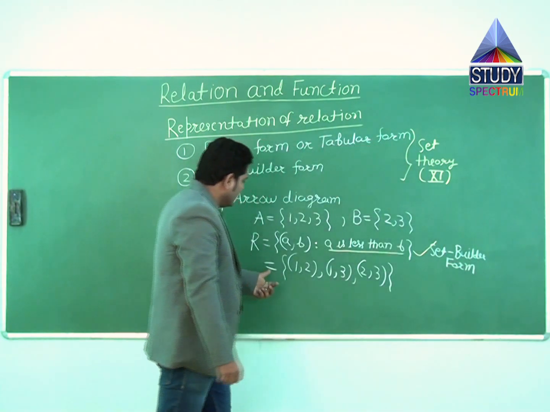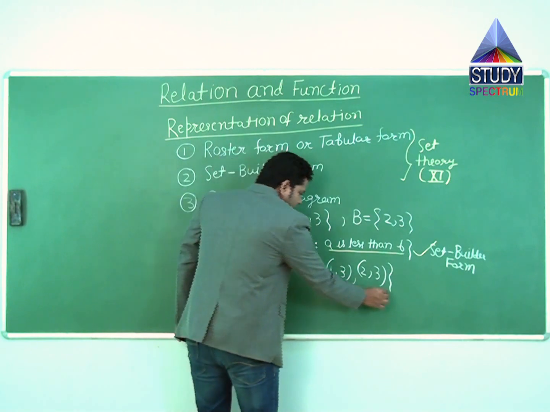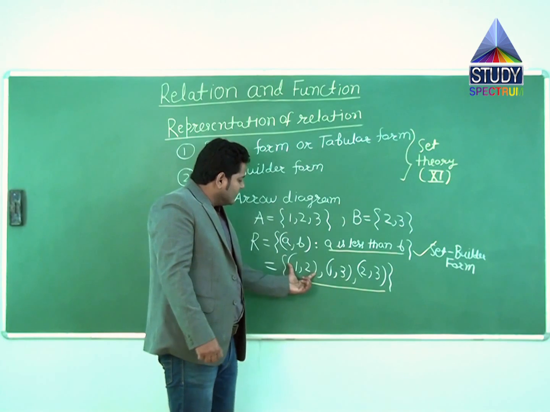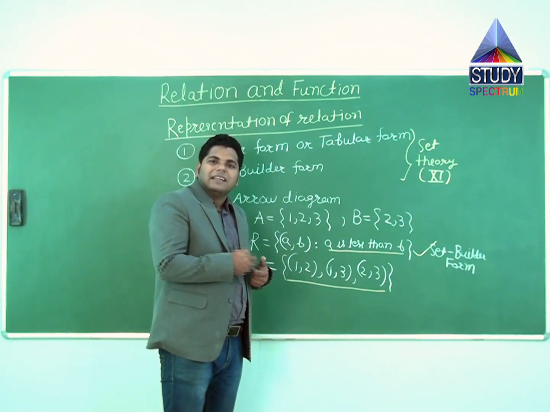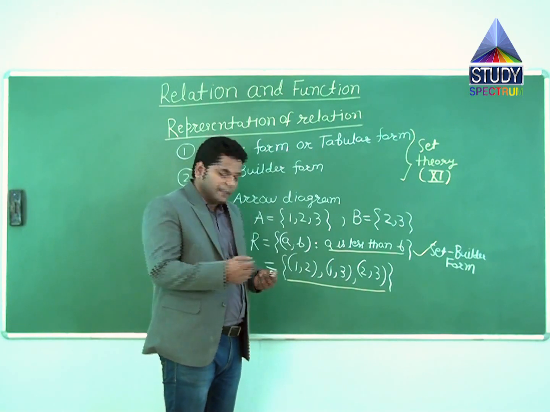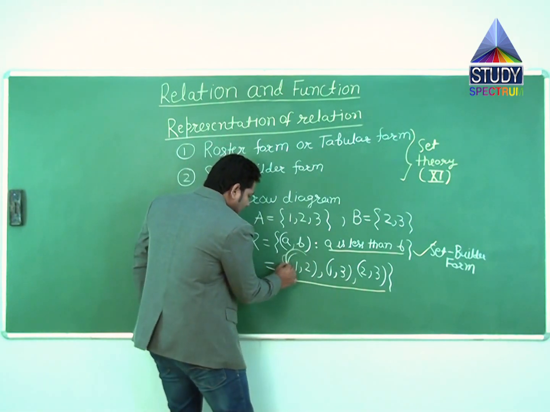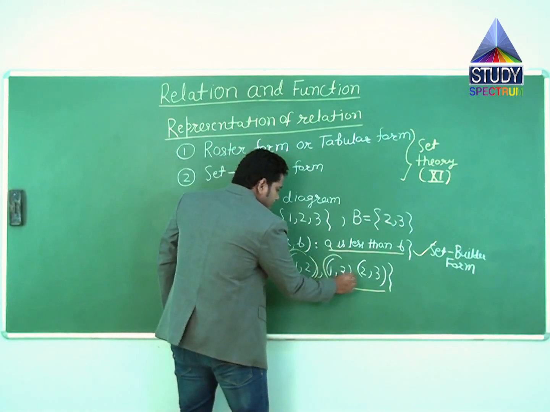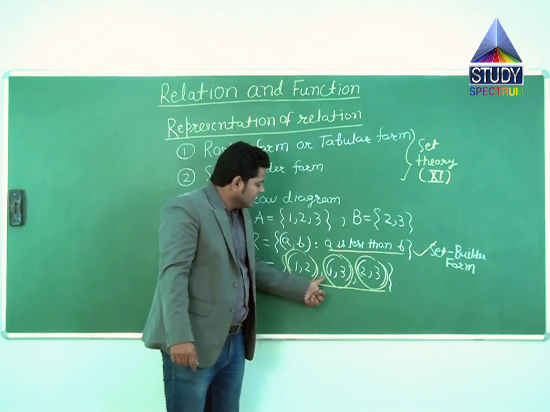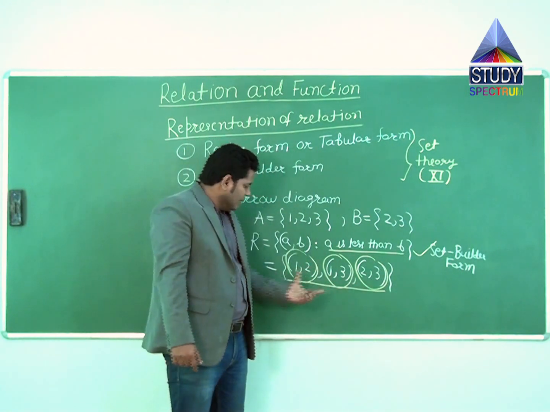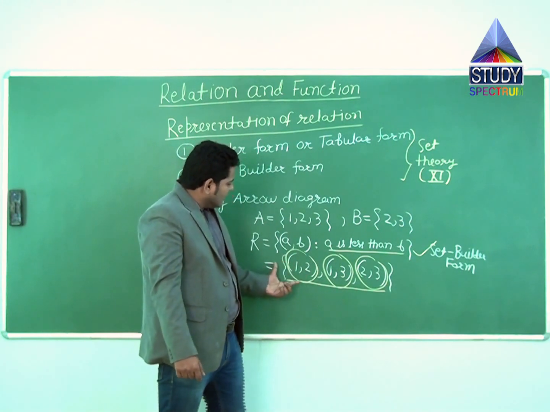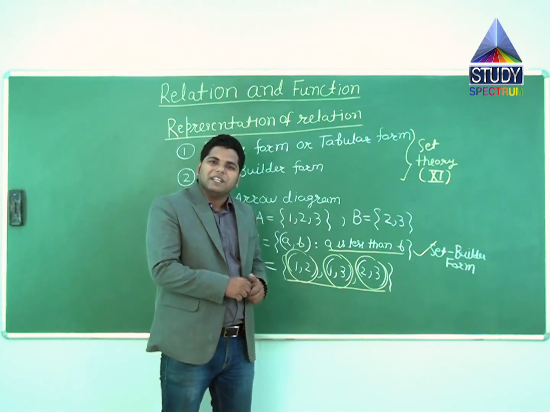Now come to this form of representation. Here we are writing each and every element, and the element of a relation is an ordered pair. We separate each element by a comma, and thereafter we put everything in curly brackets.